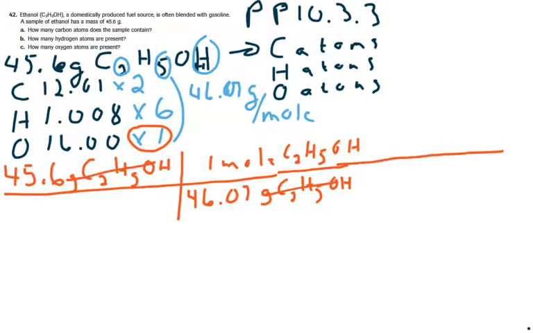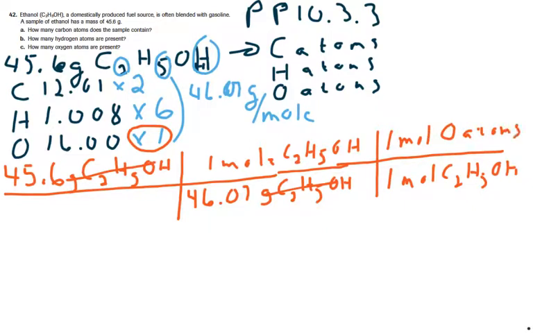Then, if you're changing from the grams to the moles, now we're going to switch substances. So in 1 mole of the ethanol, there is 1 mole of oxygen atoms. And the mole cancels the mole. I'm running out of room, so I'll come down here.